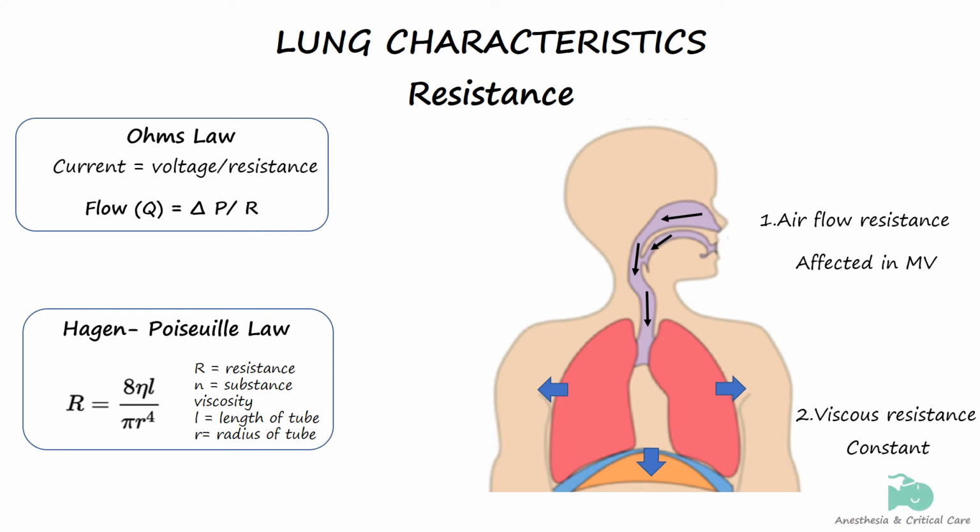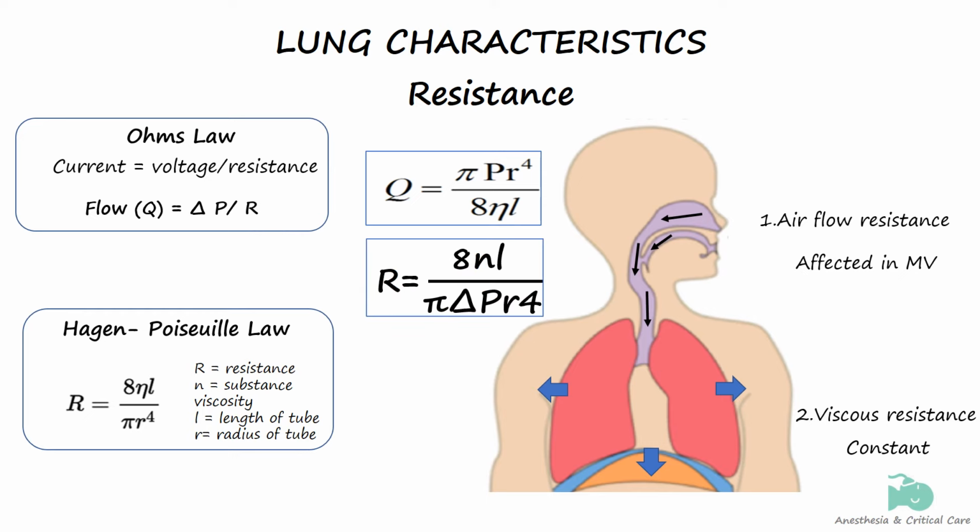The link is provided in the description. Finally, if we combine these two equations, we can determine the factors that affect the flow through our respiratory system. And, since flow is inversely proportional to the resistance, we can also determine the resistance.